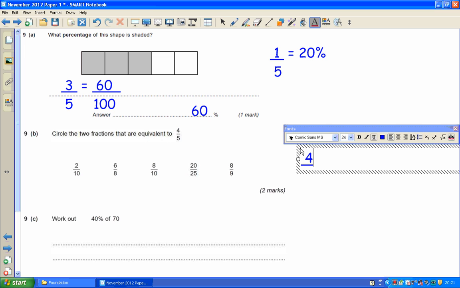So 4/5 equals, if I add 4 to the top and 5 to the bottom, then I'd get 8 over 10.